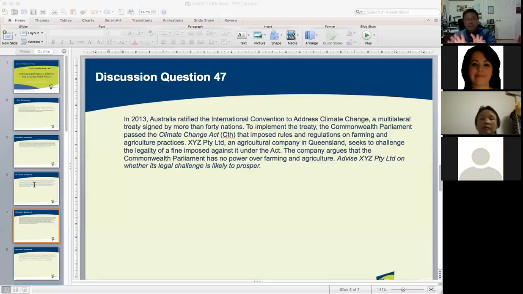Let's just focus on external affairs power for now, not on section 51.1, not on international commerce. How can that be valid if this specific legislation seems to have nothing to do with climate change? Because it talks about farming and agricultural practices.